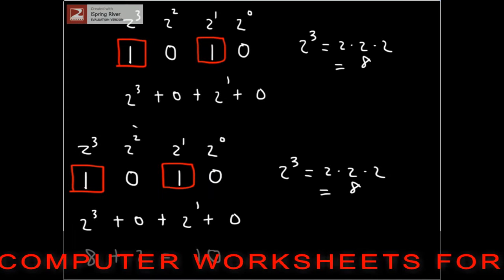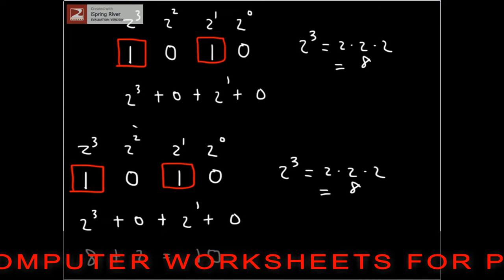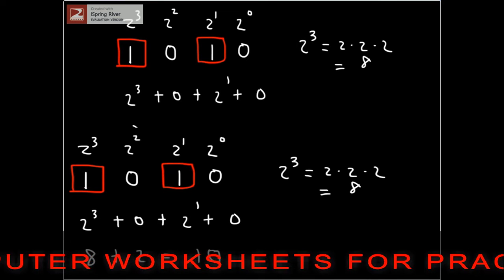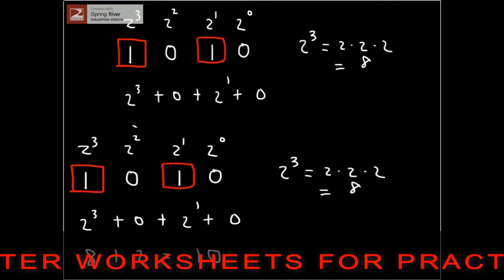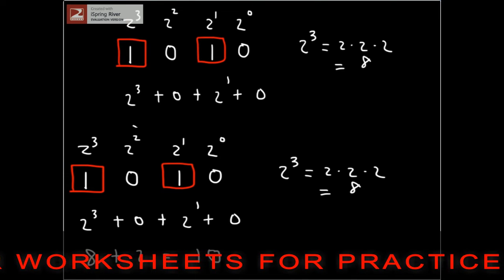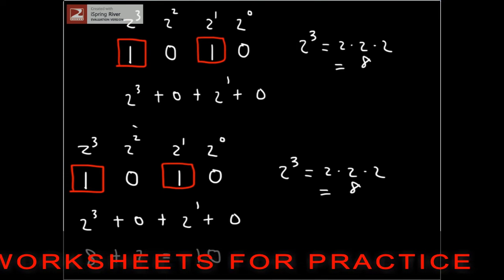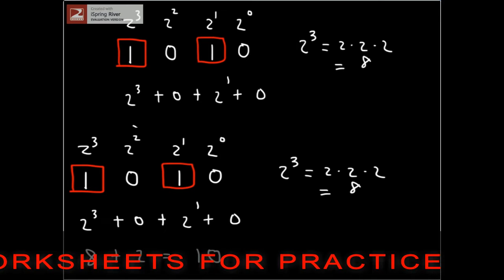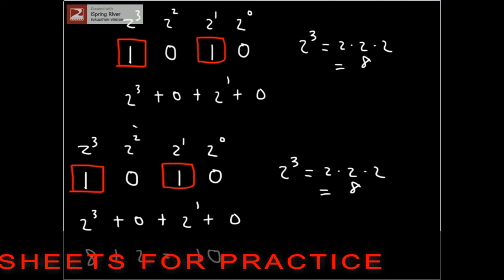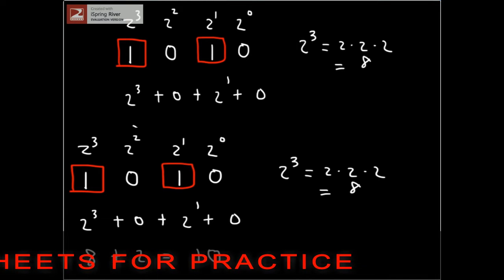Now we will take 1 0 1 0. We have to multiply each number with 2 by increasing its power from right to left: 2 power 0, 2 power 1, 2 power 2, 2 power 3.